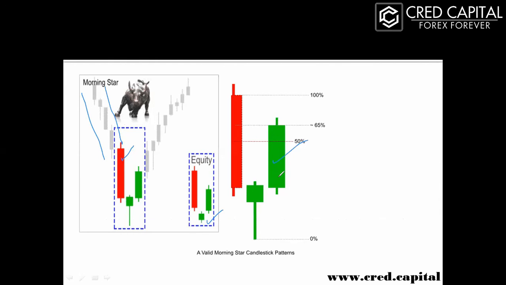The third candle, a large bullish marubozu, will at least complete half of the first candle, which is the bear candle. This candle is very important, because you have to take your trade after the completion of the whole pattern.